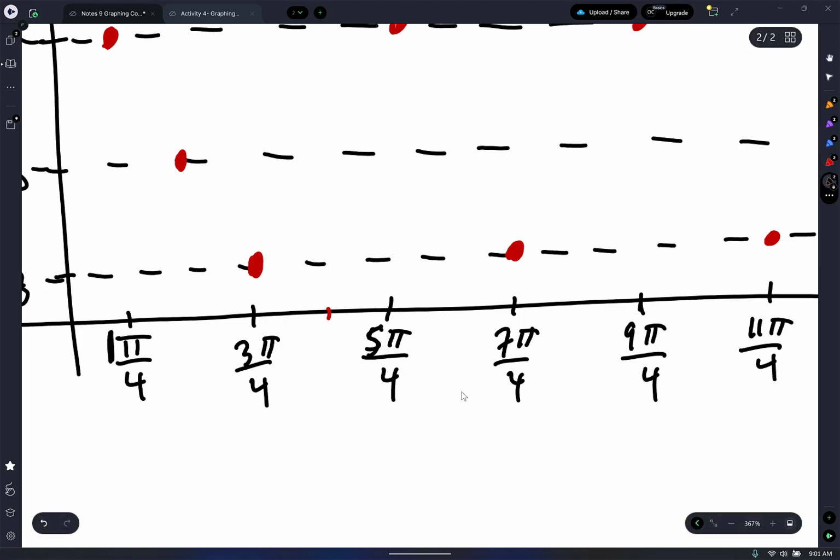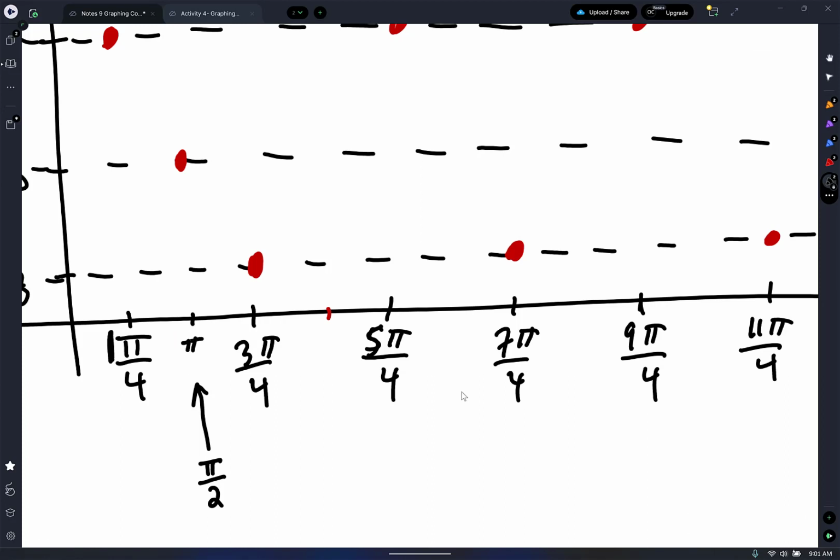What's in the middle between 1 and 3? You can say it. I know it reduces, but you can say right now just 2. So this is 2 pi over 4, and 2 pi over 4 reduces to pi over 2. So this coordinate, I'm going to erase it, and I'm going to put pi over 2.